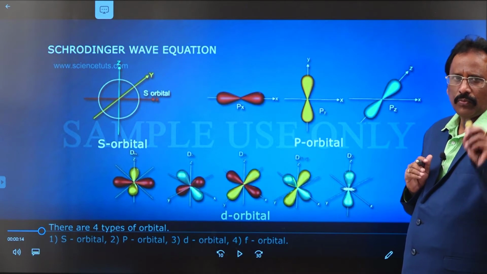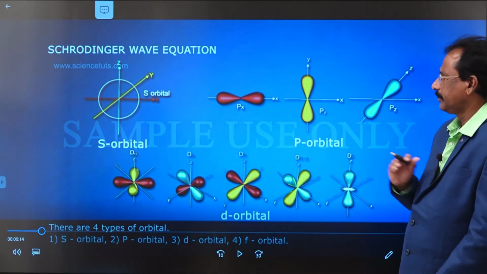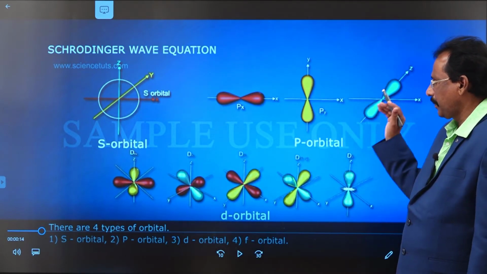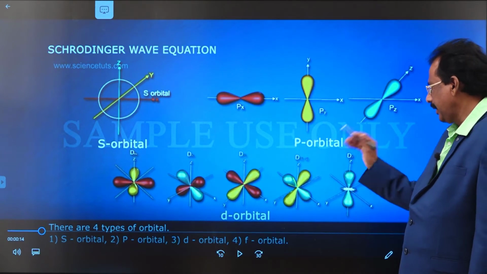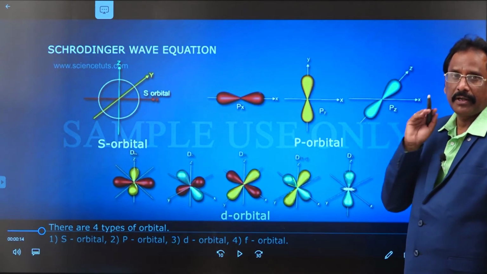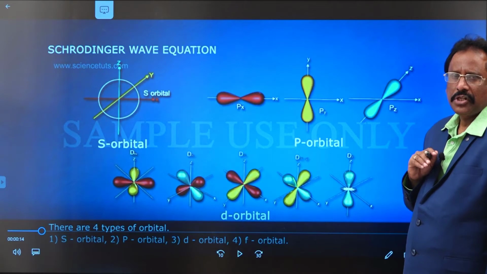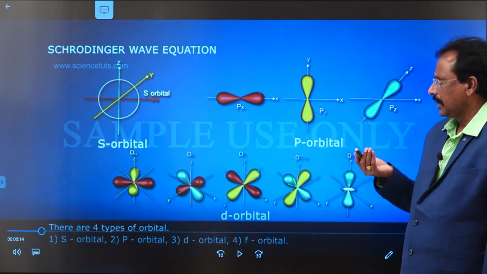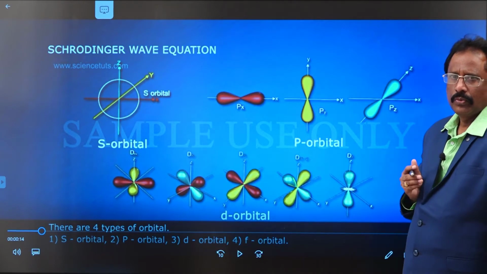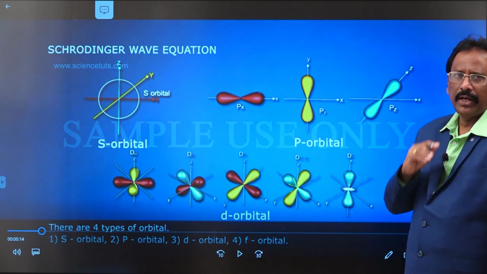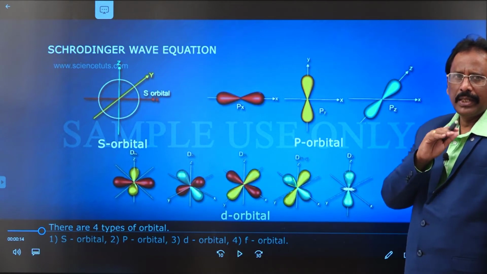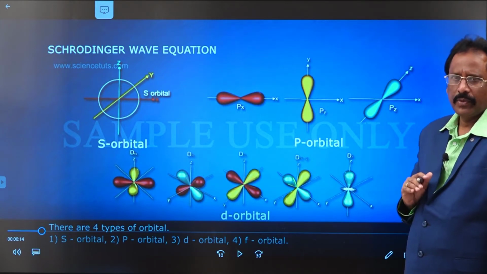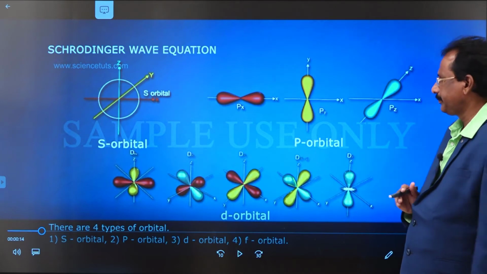Mainly there are four orbitals: s orbital, p orbital, d orbital and f orbital also. The shape of the f orbital is complicated. It is already known to you from the quantum numbers, because for the f orbital the value of L is maximum, which is equal to 3.